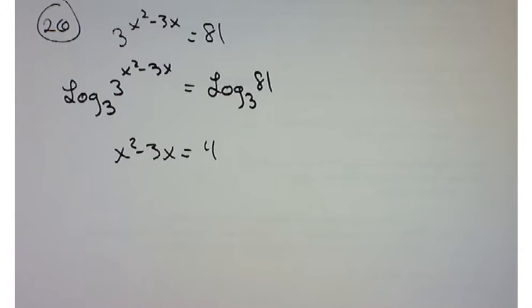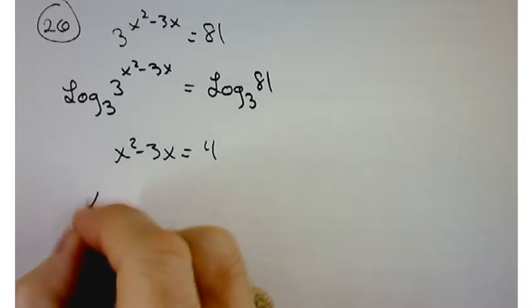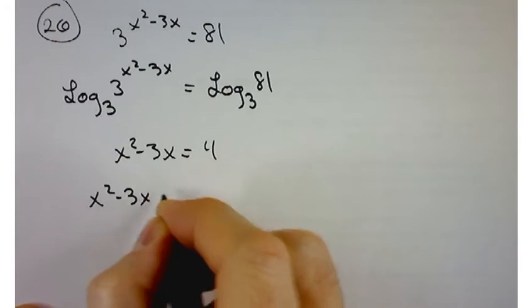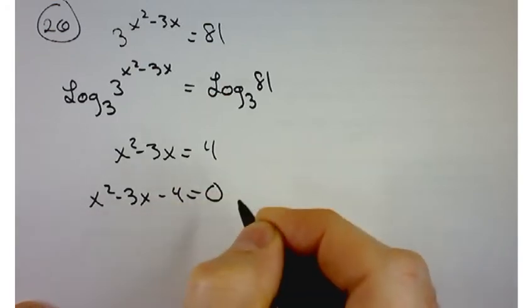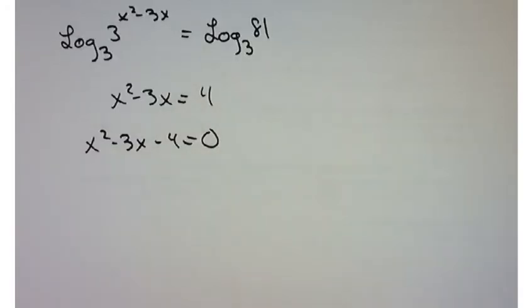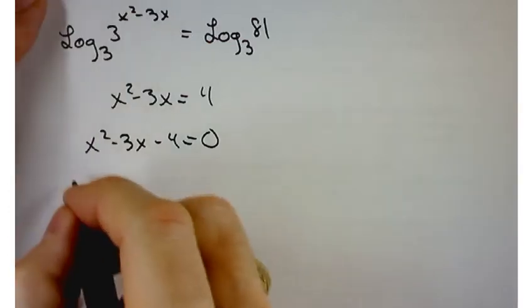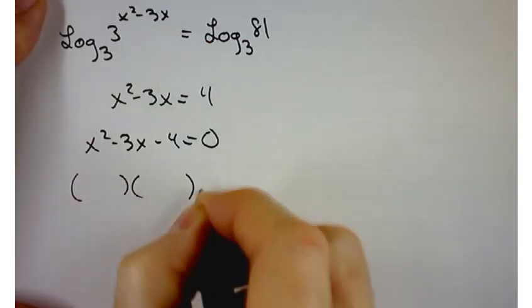Good. I'll subtract 4 from both sides. X squared minus 3x minus 4 equals 0. Do I need to pull out the quadratic formula on this one, or is there something else I can do? Yeah, let's do that factor thing, all right? Quadratic formula would be like squirrel hunting with a bazooka.